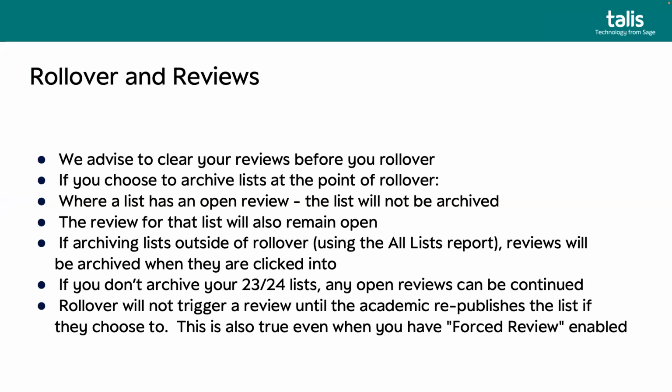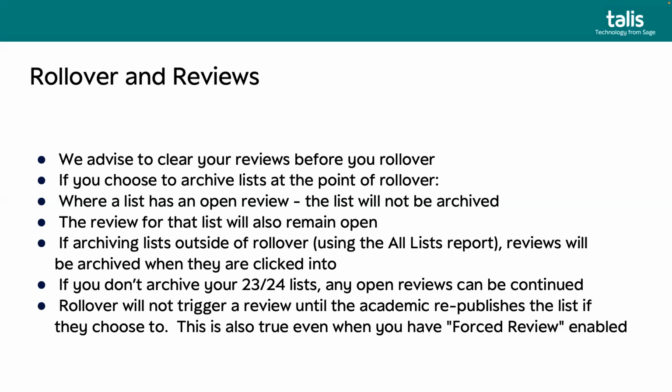If you are archiving lists outside of rollover, so let's say you've chosen to keep your old lists and you want to archive those lists at the end of the summer because you just kept them up for resits or whatever, then the behavior is slightly different, in that when you then archive those lists, if you still have a review open, then basically the review will archive itself.